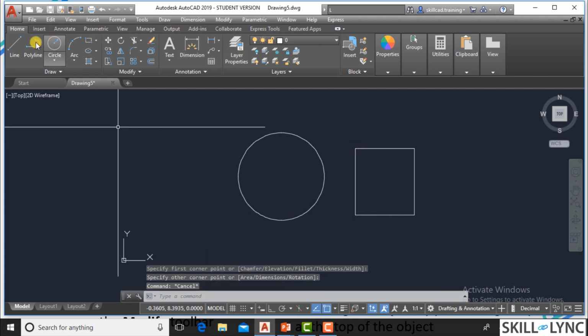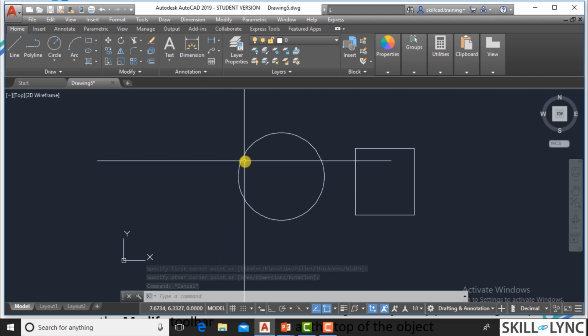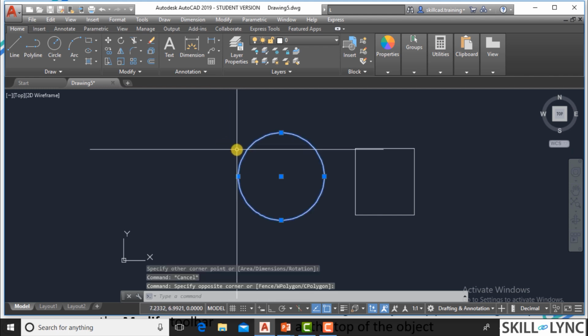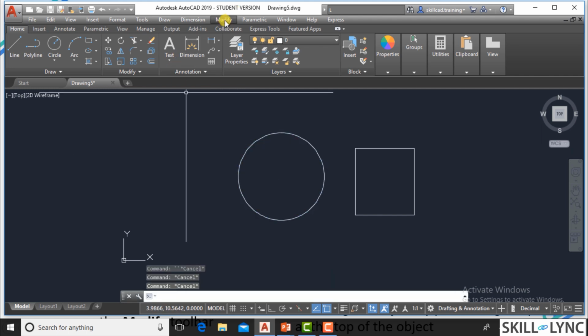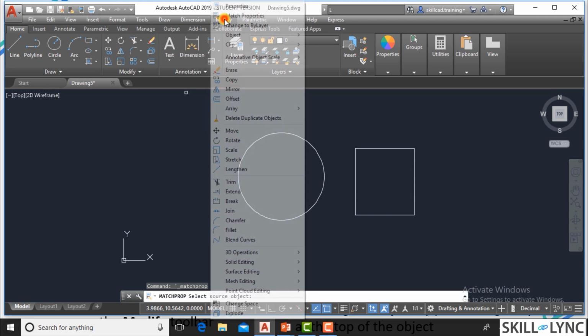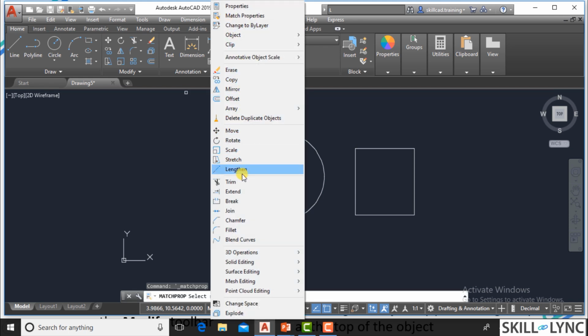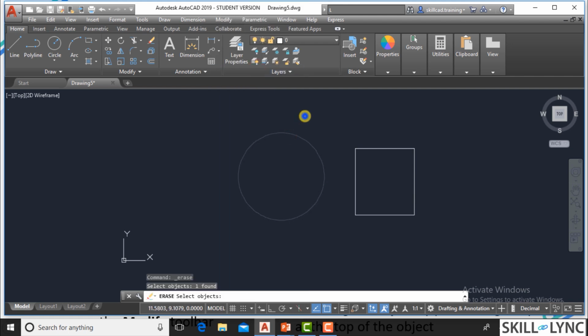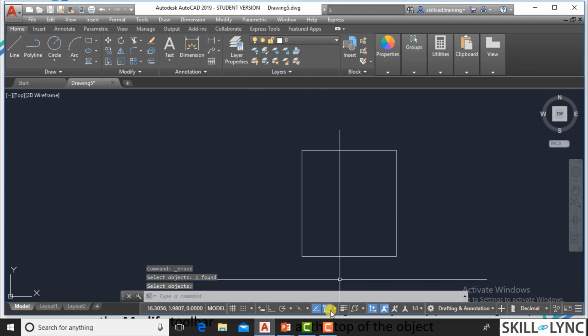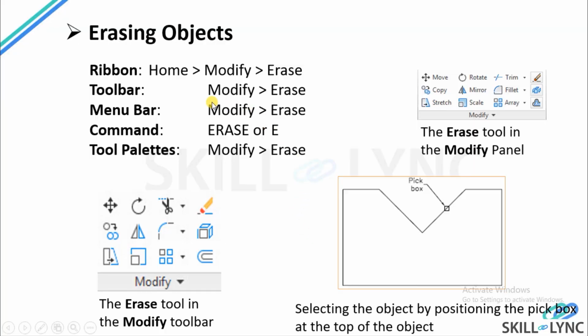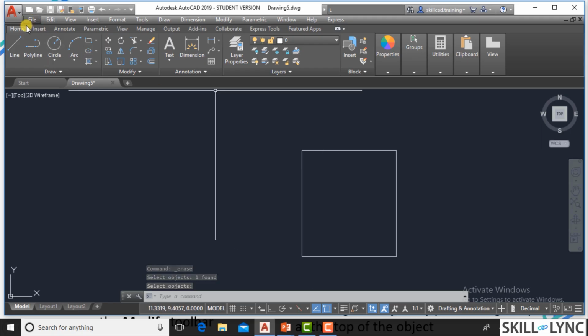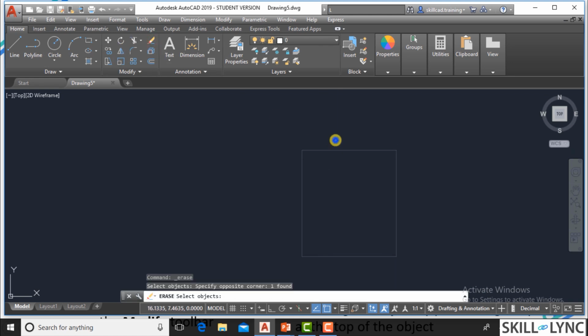If you select it, you can go to the Modify menu in the menu bar over here. You can also see in the Home tab there is a Modify panel, and there's an erase tool, so you can select the erase tool and select it.